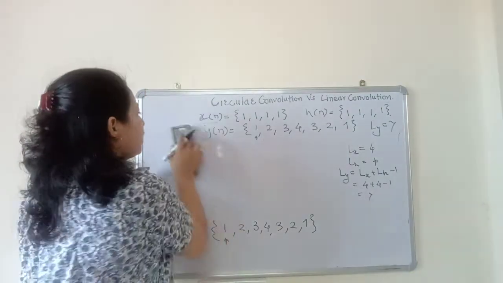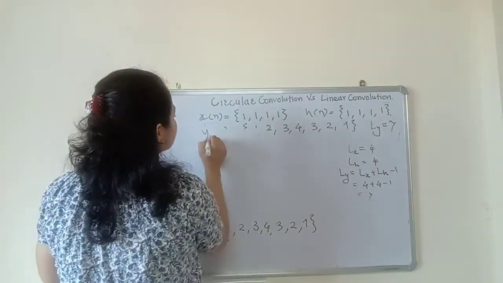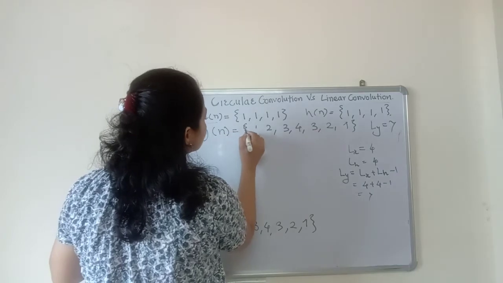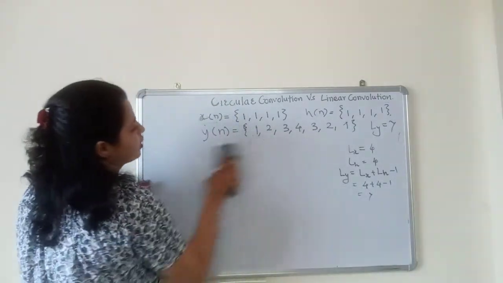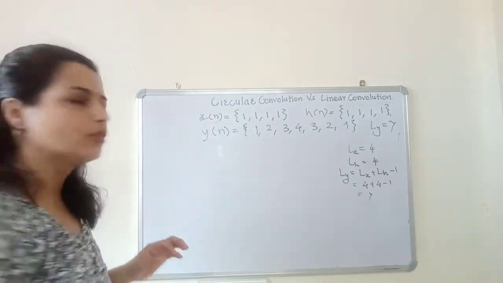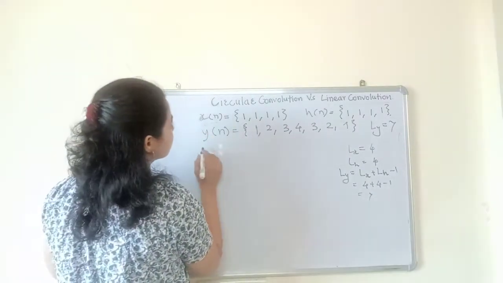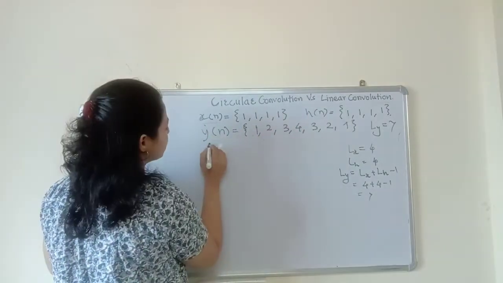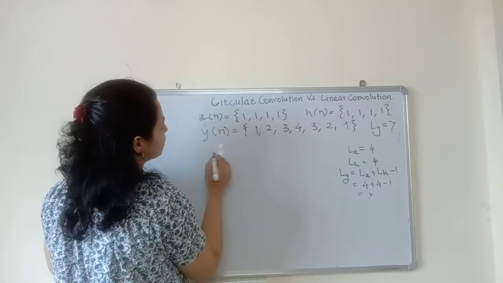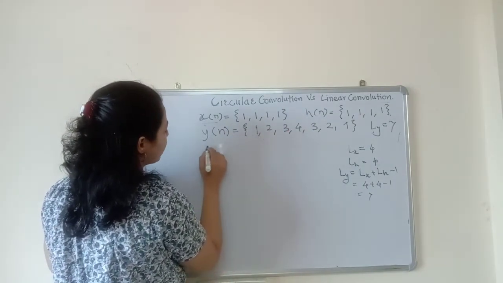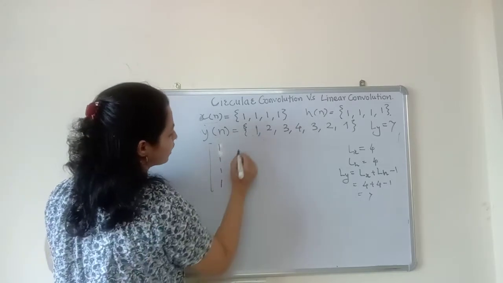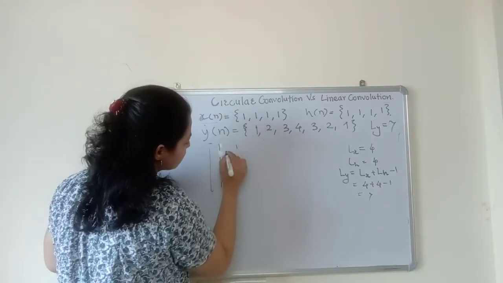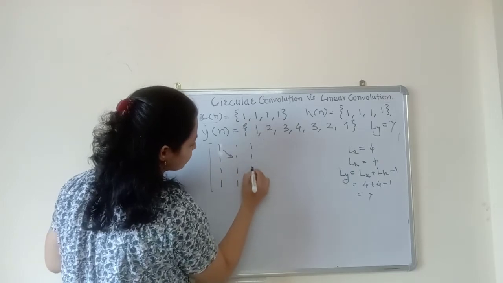Now we'll perform circular convolution on these two sequences. The lengths are equal, so there is no need to match the lengths. We'll directly calculate. We'll form a circulant matrix 1, 1, 1, 1 for x of n, with each row shifted: 1, 1, 1, 1.